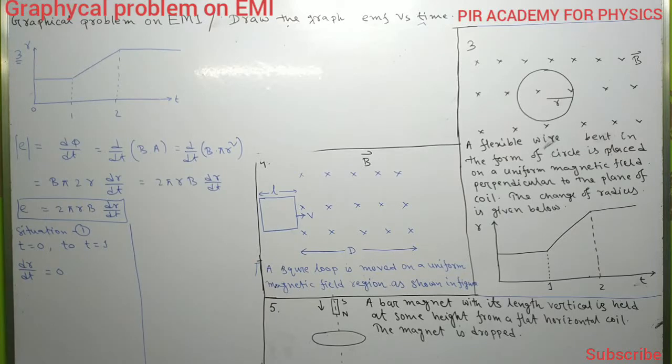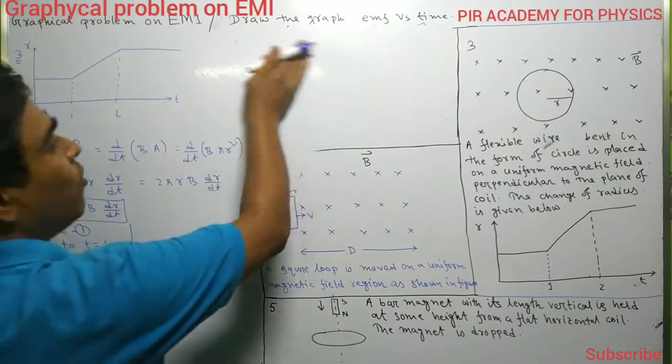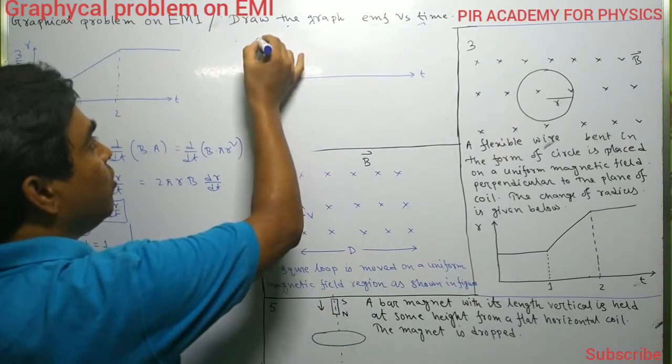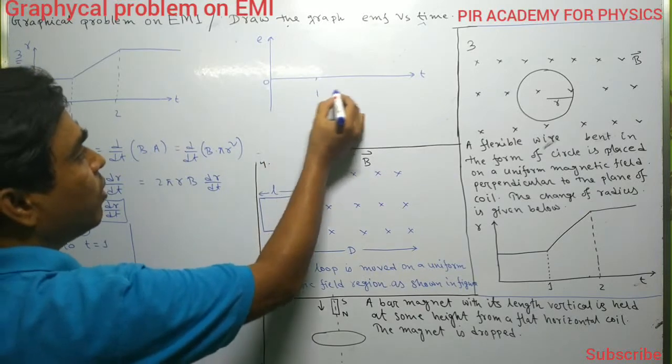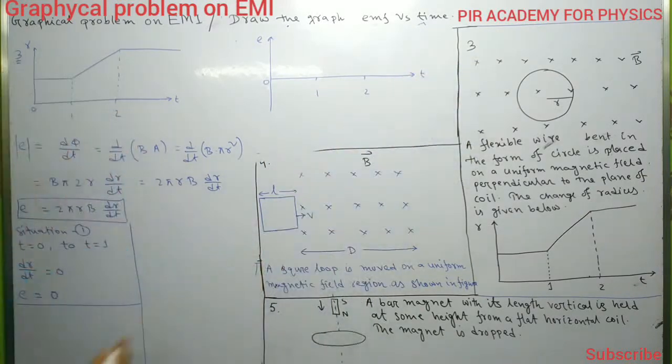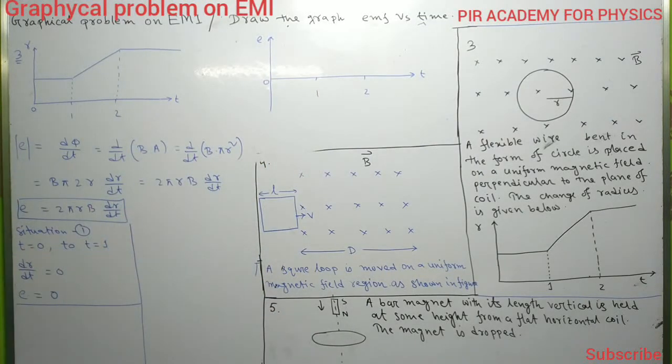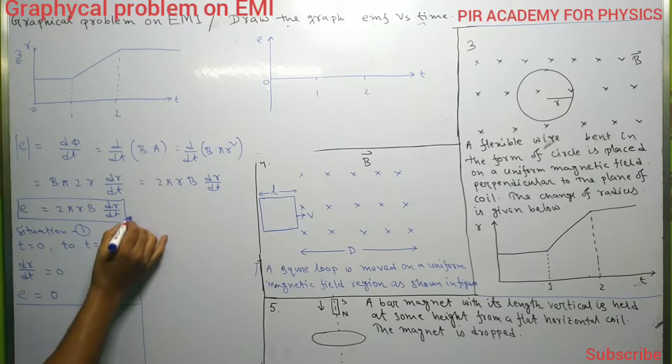That means dr by dt equals 0. If dr by dt is 0, then induced EMF must be 0. So for situation number 1, if I draw the time versus induced EMF, that means 0 second, here is 1 second, here is 2 second. That means 0 to 1 there is no induced electromotive force.